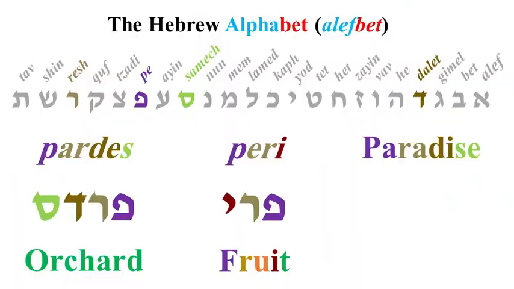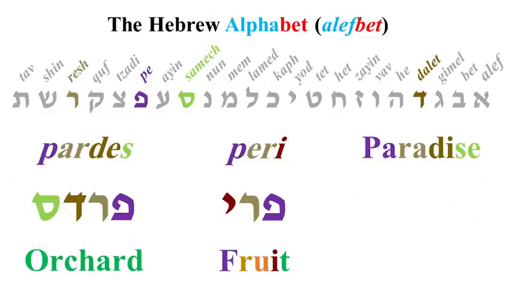Orchard, Pardes, comes an orchard. Where do we think of when we think of an orchard? I think of the ultimate or original orchard would be Eden, right? Garden of Eden, where God made Adam and Eve and he put them in this paradise. Notice the word paradise. It's a P. Listen to the sounds of the letters.